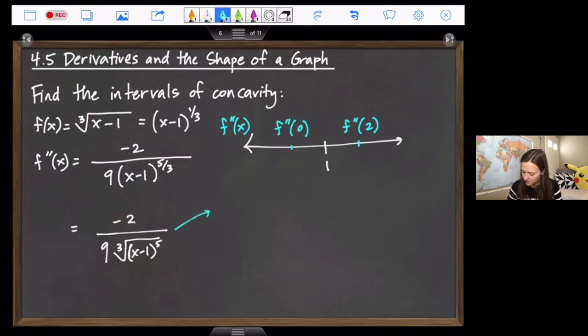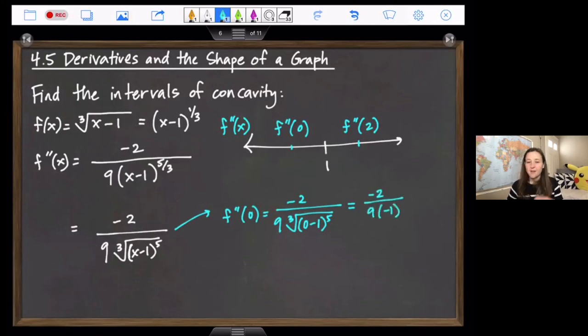So f double prime of 0 will be negative 2 over 9 times the cube root of (0 minus 1) to the 5th. I'm really just keeping track of whether things are positive or negative. So 0 minus 1 is negative 1. Negative 1 to the 5th is negative 1. The cube root of negative 1 is negative 1. So this whole thing is negative 2 over 9 times negative 1. Negative over negative is going to give us a positive number. And I really don't even care that it's 2/9. I only care that that is a positive number.